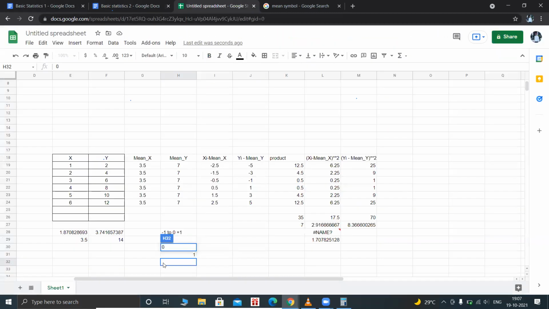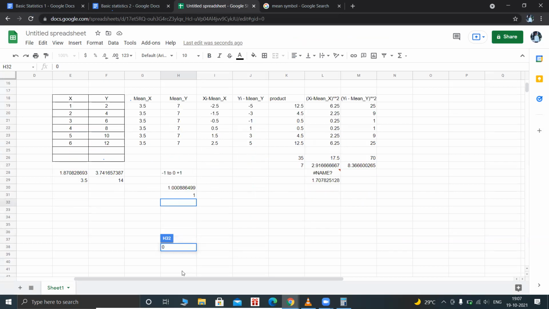So now I got correlation factor as 0.5. Tell me.